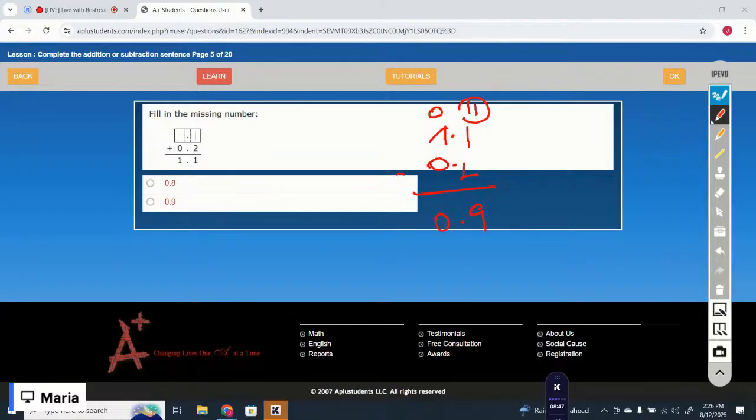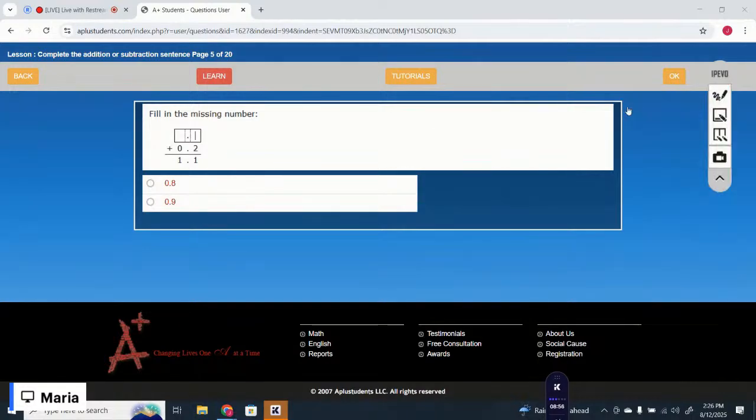That is 0.9. Option number 2 is the correct option.